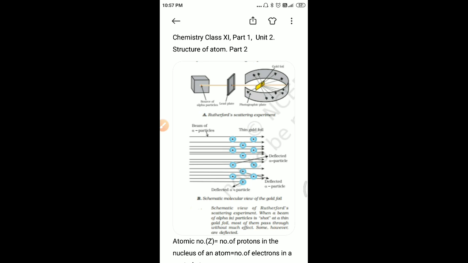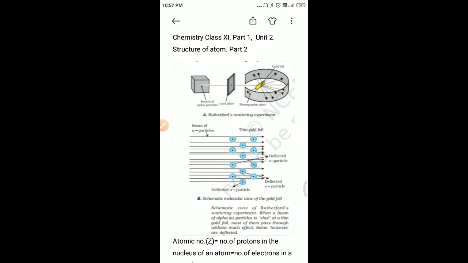It was observed that most of the alpha particles passed through the gold foil undeflected. A small fraction of the alpha particles were deflected by small angles. A very few alpha particles, approximately 1 in 20,000, bounced back, that is, were deflected at nearly 180 degrees.